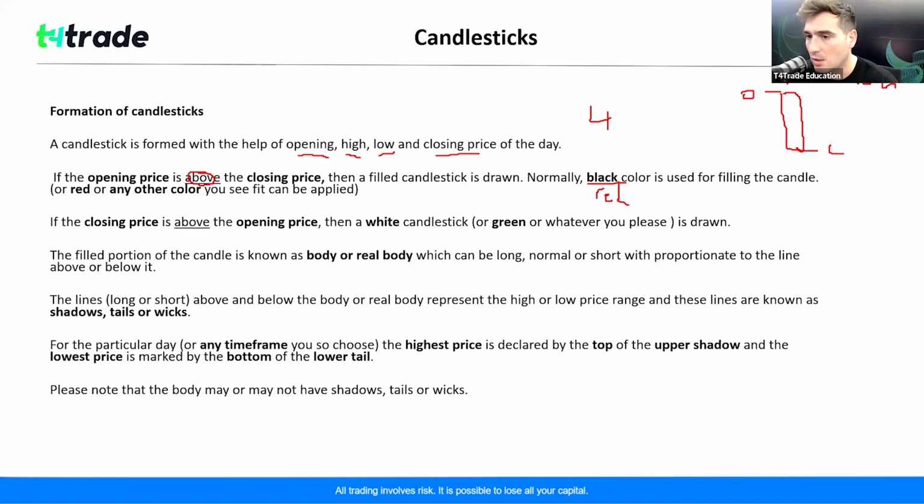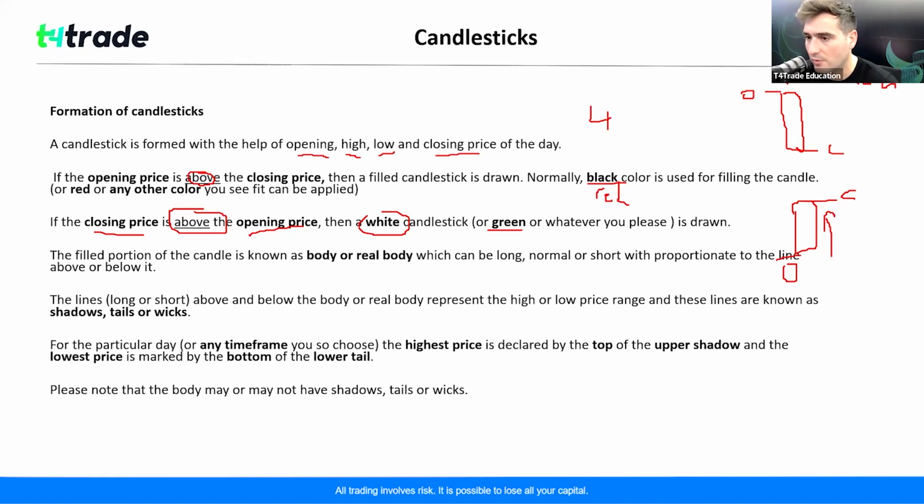On the flip side, if the closing price is above the open price, it's a white candlestick, or what we call green, or a bullish candle. So here, this is the close price, this is the open price. Prices opened here, moved to the upside, and the candle is painted green. No surprises there.